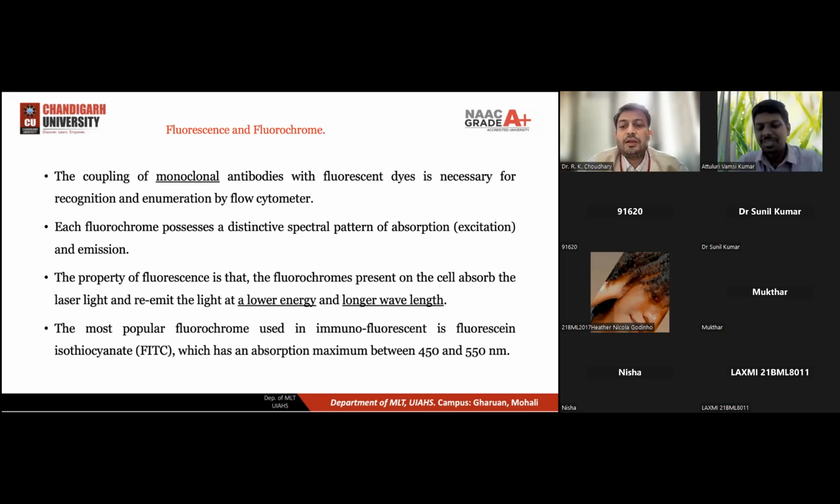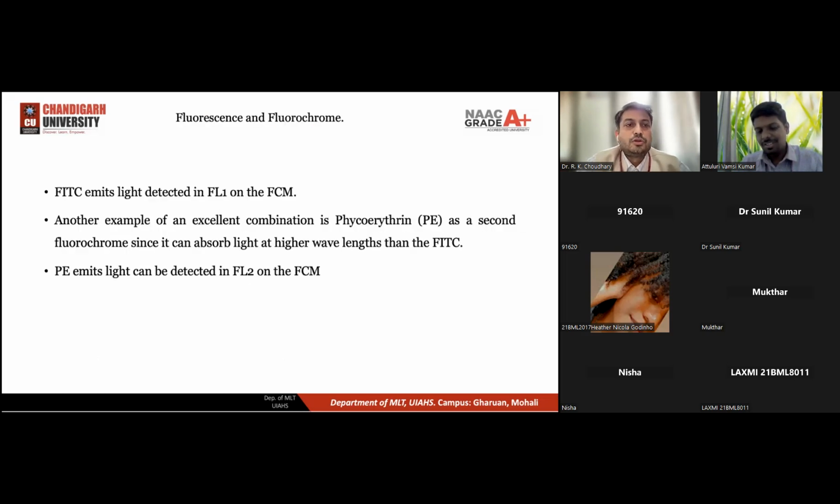And why? Because in their color range, the 490 to 550 nanometer wavelength, they can easily absorb. So the FITC emitted light is detected in FL1 on the flow cytometer. So this is the fluorescence emitted dye.